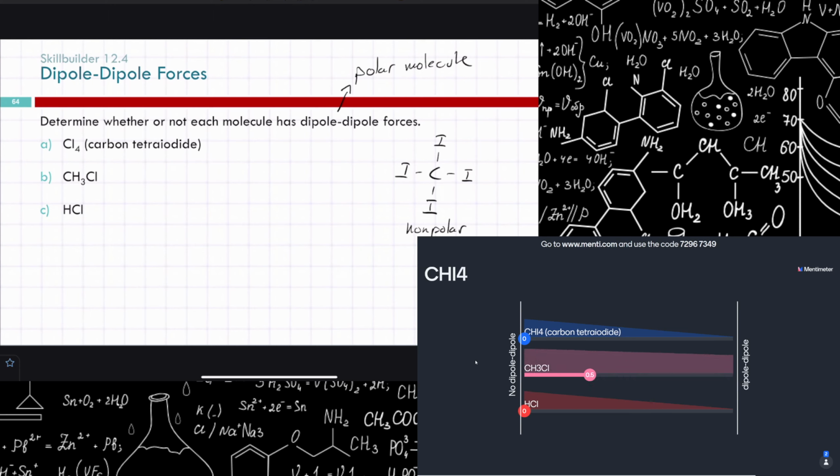Sorry about that. Okay, for CH3Cl, again, we'll draw this out with the skeletal structure first. So this is going to be 3 hydrogens and a chlorine. Is that molecule polar or nonpolar?